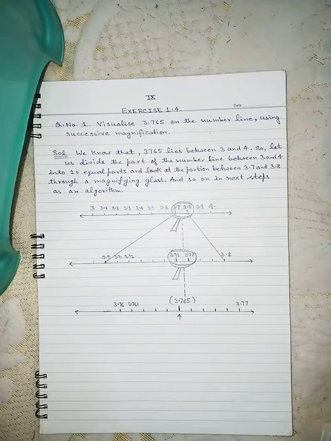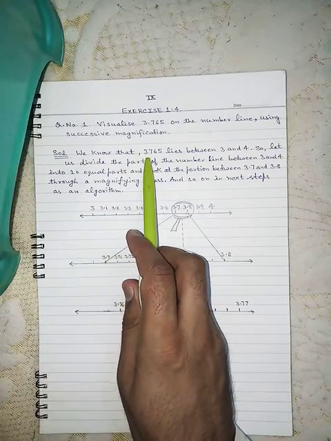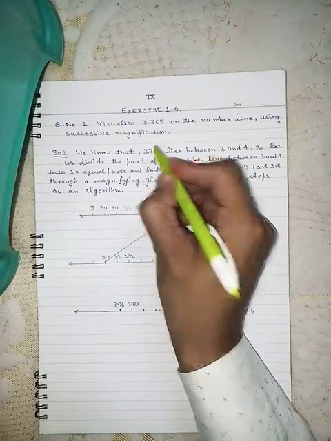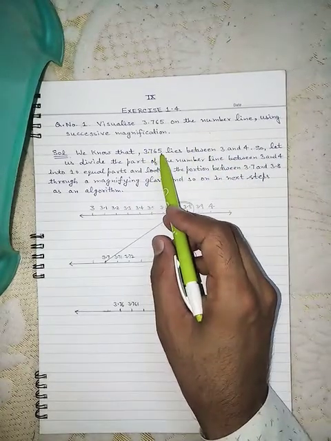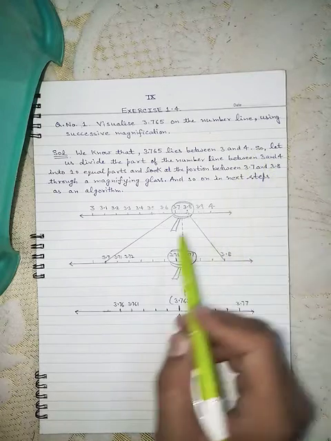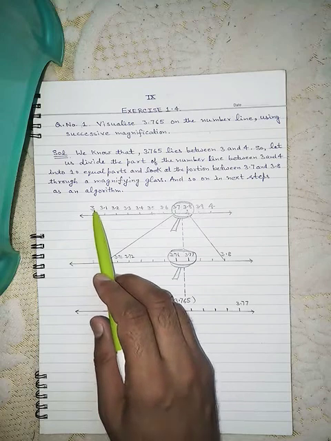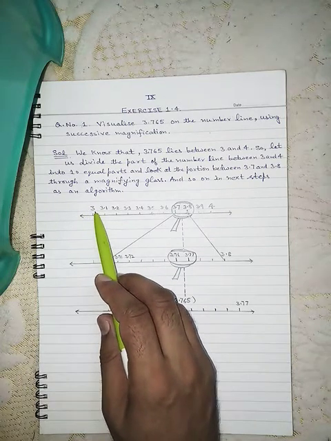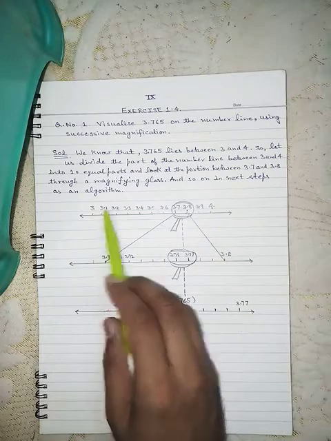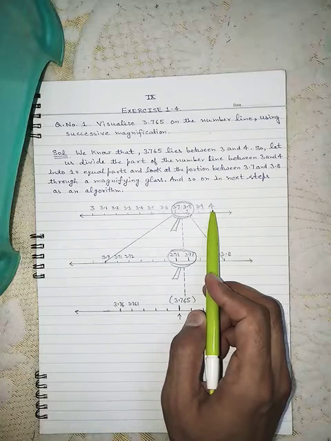In the solution, we know that 3.765 lies between 3 and 4. So, on a number line, we place 3 and 4 at two positions like this one, which I have pointed out.